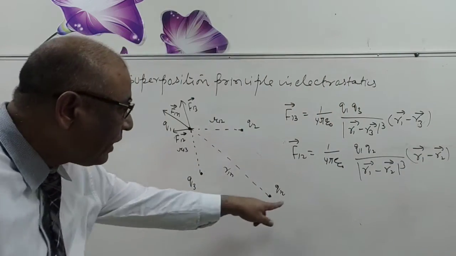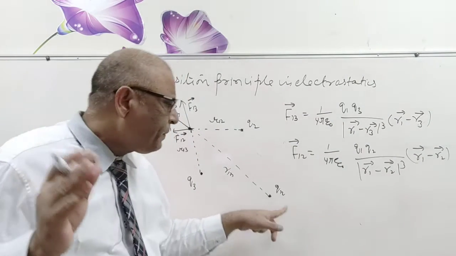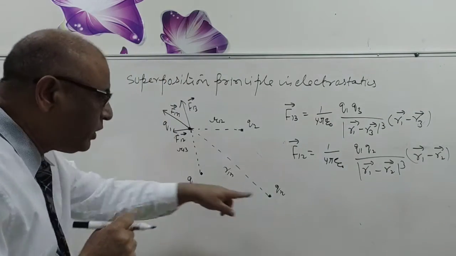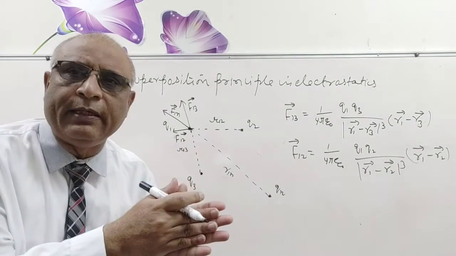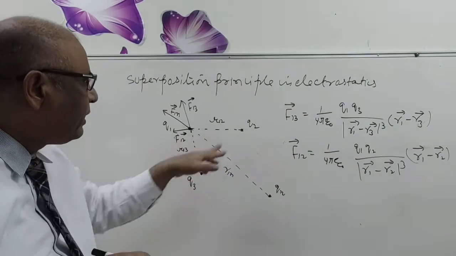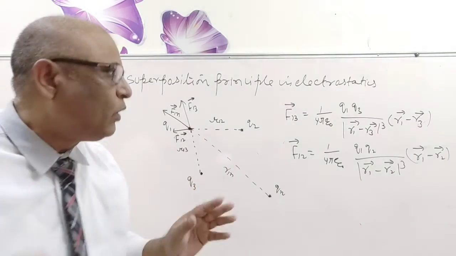Now for Qn, this n may be 4, 5, 6 or whatever, Qn and Q1 are considered. So the effect of the other charges Q2 and Q3 we do not consider at all.